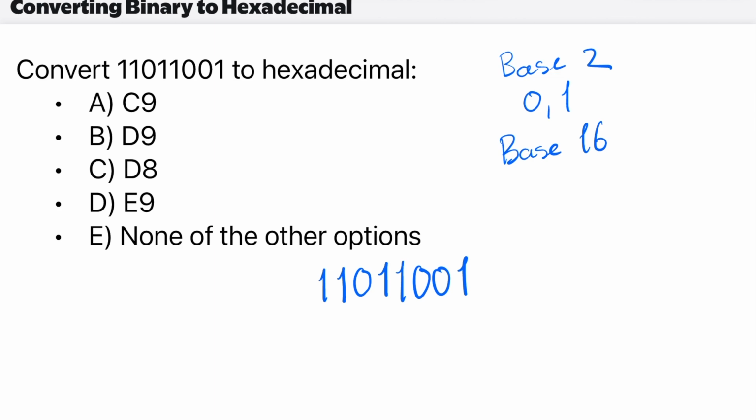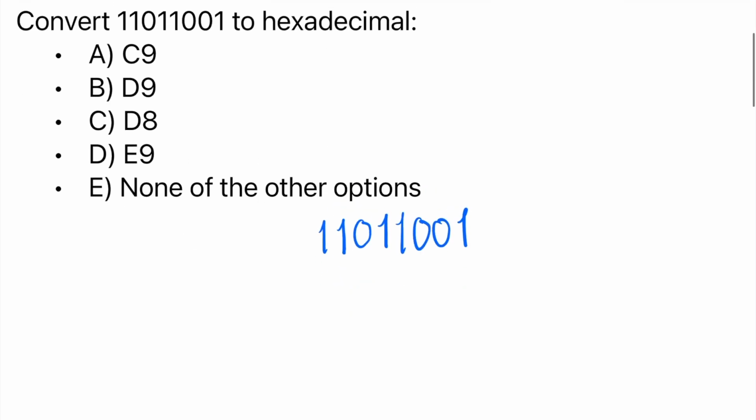Base 2 is also known as binary, by the way. And hexadecimal uses 0 to 9, and it uses letters A to F. So with that in mind, let's convert the following binary number that we have here.